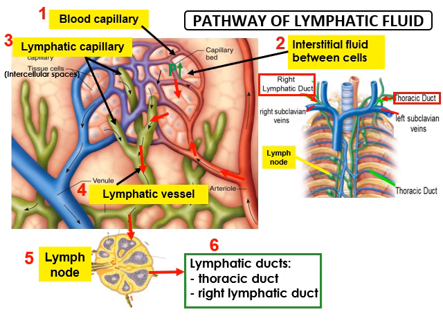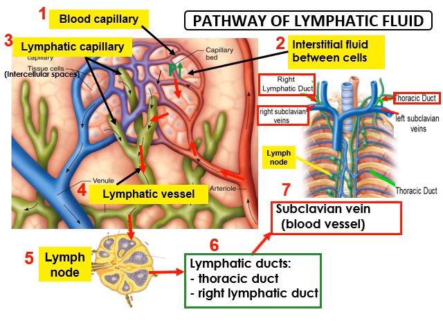From the right lymphatic duct, lymphatic fluid returns to the bloodstream by flowing into the right subclavian vein to become blood plasma. And from the thoracic duct, lymphatic fluid returns to the bloodstream by flowing into the left subclavian vein to become blood plasma. That's all about the pathway of lymphatic fluid.